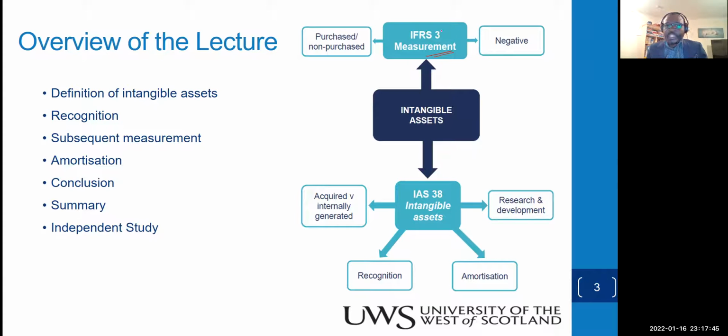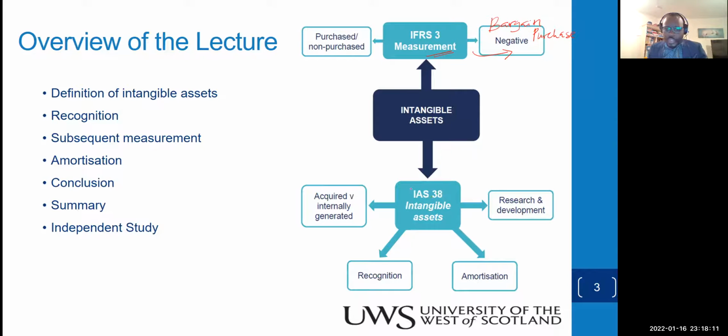In which case we're looking at goodwill. Goodwill can be negative, in which case we call it the bargain purchase. I'm just introducing it, so don't be worried. We'll get to it and see what it means. Then we could also have a purchase goodwill or non-purchase goodwill. So they are intangibles.